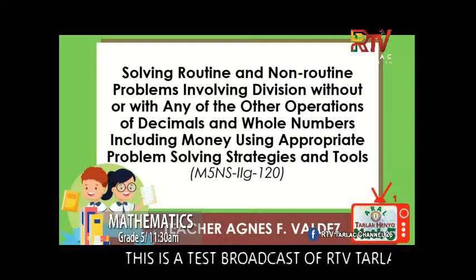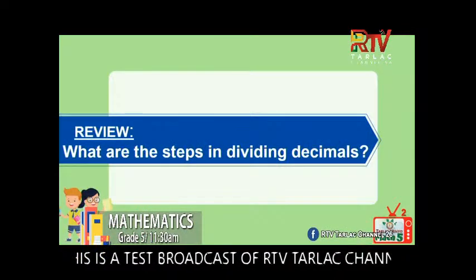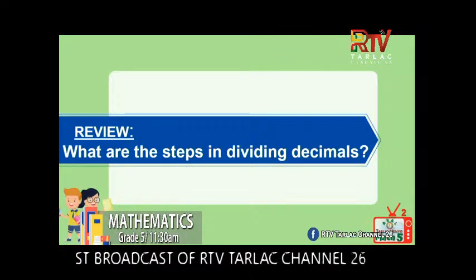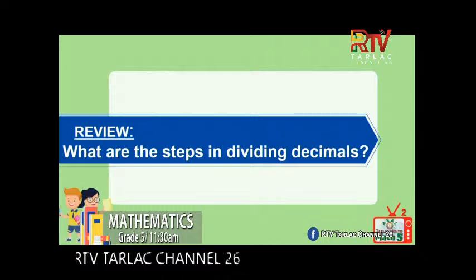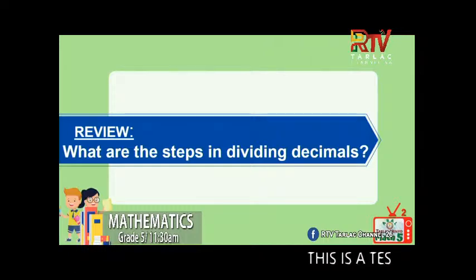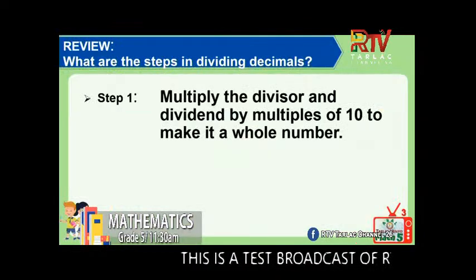Let's have a short review of your lesson last week. It's all about division of decimal numbers. Here's my question. What are the steps in dividing decimals? Can you recall? Great! You are correct. Here are the steps.